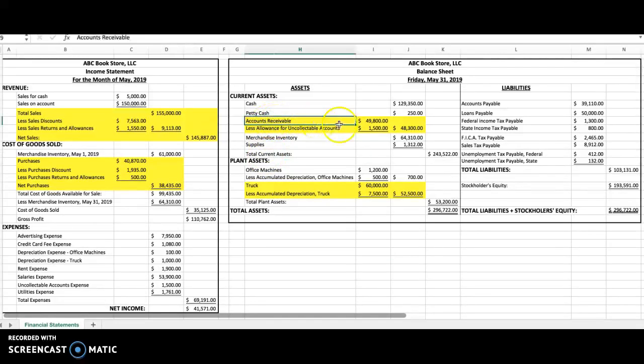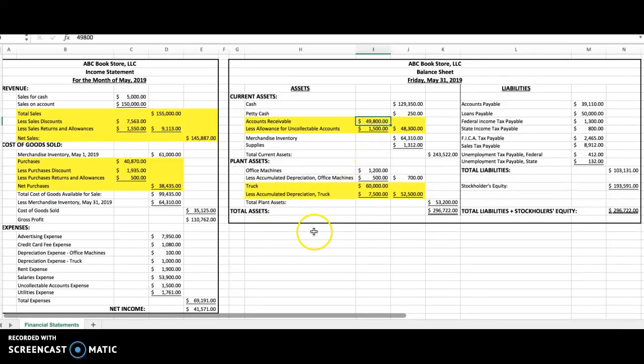Accounts receivable would indicate that people owe us money. Our customers owe to us $49,800. But from the history of our business, we are the ABC bookstore, and if we look at past months and past years, we can determine that probably not everybody's going to pay us. So probably we're not going to get $49,800. We're going to get less than that.